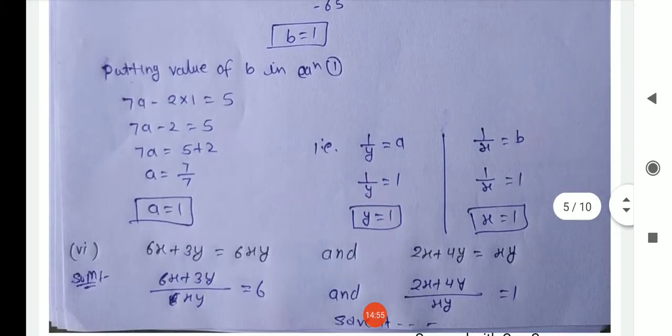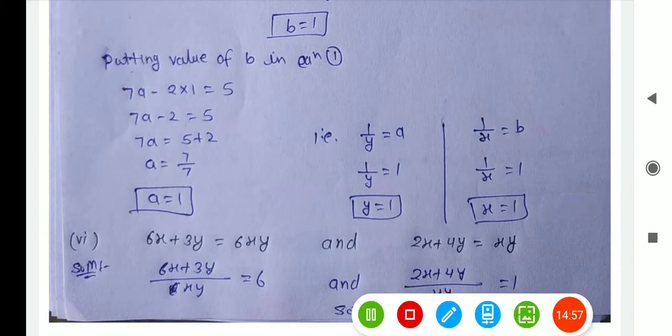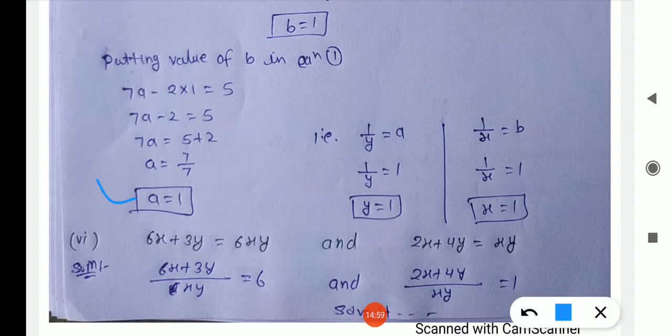Now I put b equal 1 in equation first, we get the value of a, which is 1. In the starting of the question I let 1 upon y equal a. So 1 upon y, the value of a is 1. It means simply y equal 1. Similarly 1 upon x equal b. So 1 upon x, the value of b is 1. So we cross multiply, then we get x equal 1 and y equal 1.